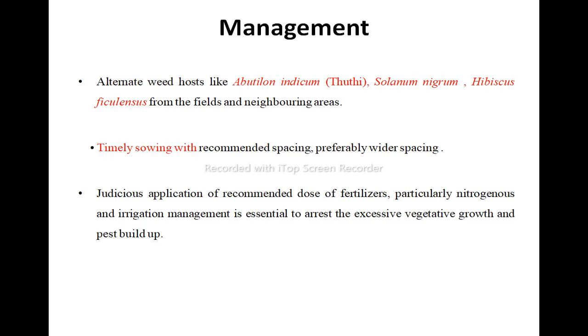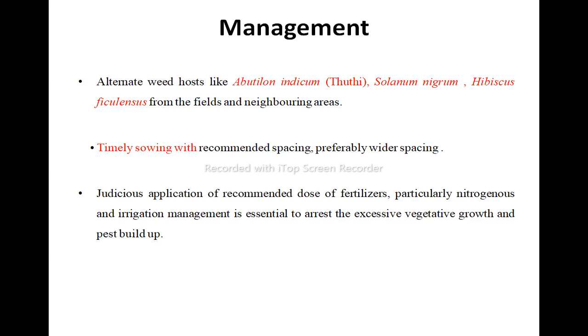Next is judicious application. If we want to control the whitefly in the cotton system, we should go for judicious application of fertilizer, especially nitrogen. If we are spraying more nitrogen in the cotton fields, it means more vegetative growth, and more vegetative growth is preferred by the whitefly.